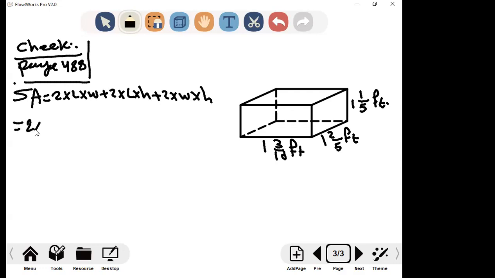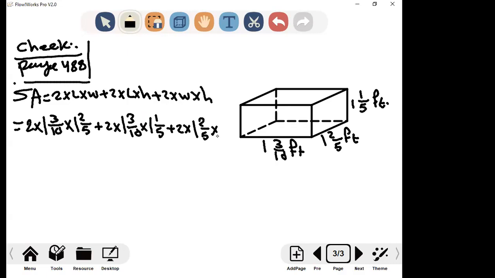Equals 2 multiply the length, 1 and 3/10, multiply the width, 1 and 2/5, plus 2 multiply the length, 1 and 3/10, multiply the height, 1 and 1/5, plus 2 multiply the width, 1 and 2/5, multiply the height, 1 and 1/5, right? Multiply, then add. Let's calculate it.